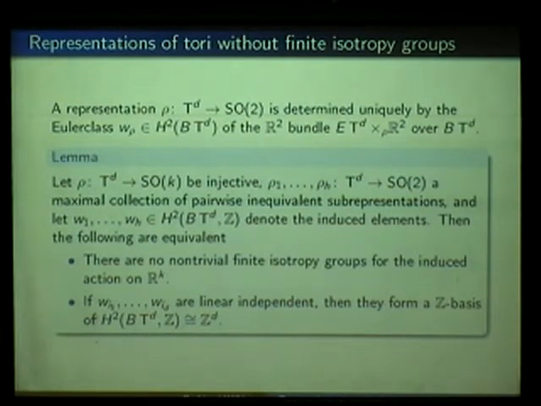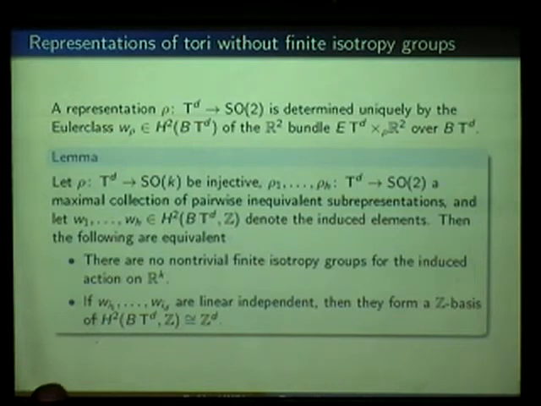And then there's a fairly simple lemma here. There are no non-trivial finite isotropy groups for the induced action on the space if and only if these elements have the following property: if you have D linearly independent vectors, they form a Z basis. So that's what you have to deal with, right?